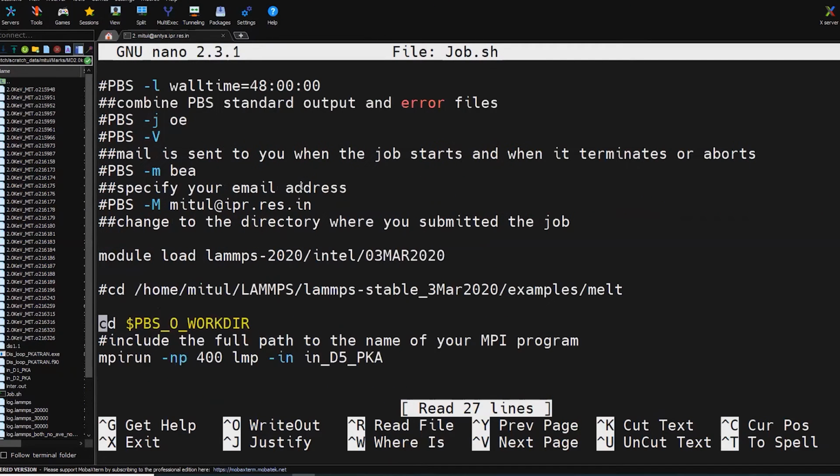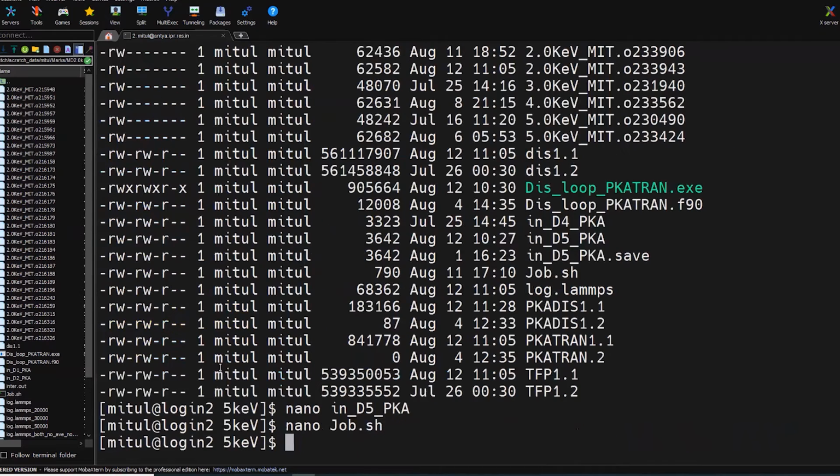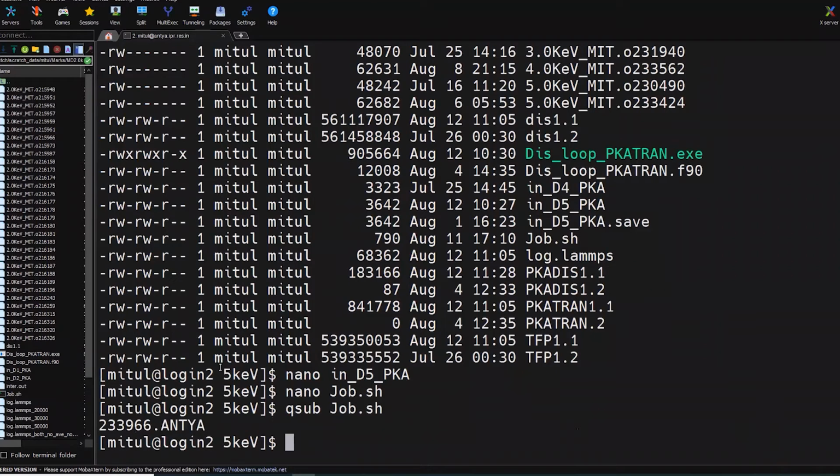So this is my job file, and this is the command. I'm using MPI of LAMMPS, and I'm using 400 processors. So qsub and the job file.